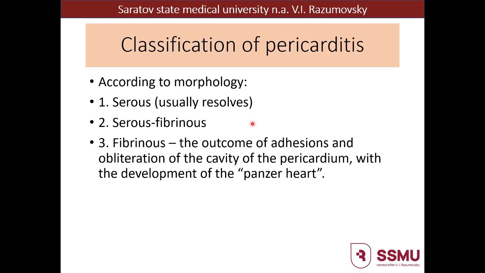Pericarditis is damage of the external layer of the heart, and according to morphology it may be serous, fibrinous, and serofibrinous. Fibrinous is the more dangerous type of this inflammatory reaction, because it is associated with formation of fibrinous exudation in the cavity of the pericardium, and it may lead to formation of connective tissue overgrowth in the pericardial cavity with formation of the panzer heart, or armored heart.